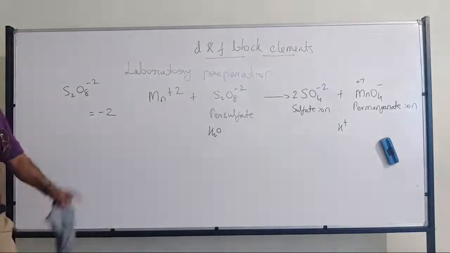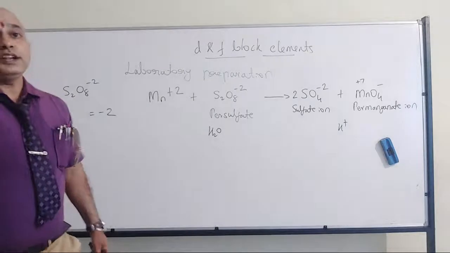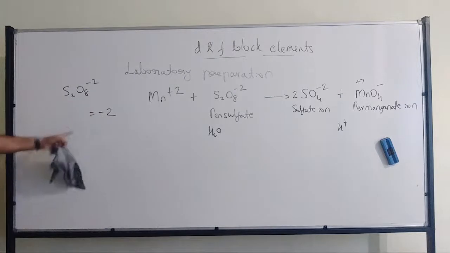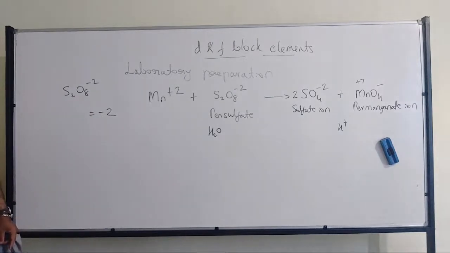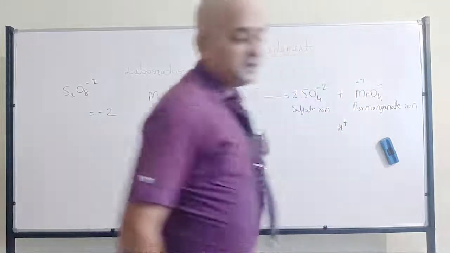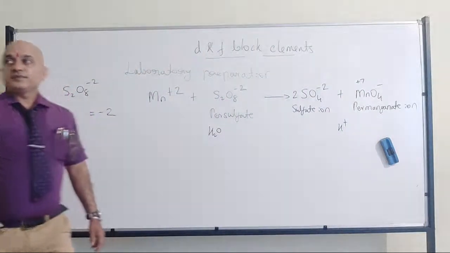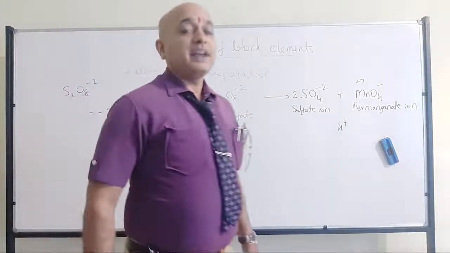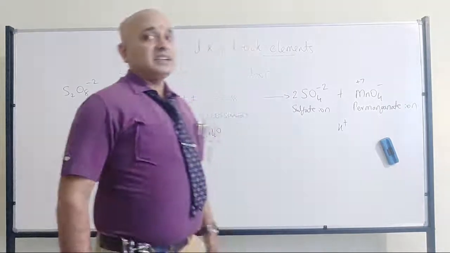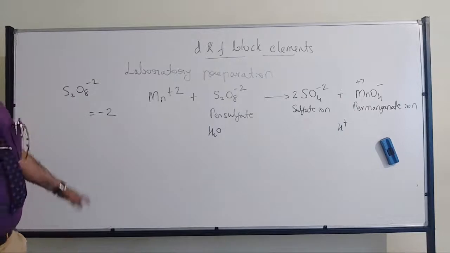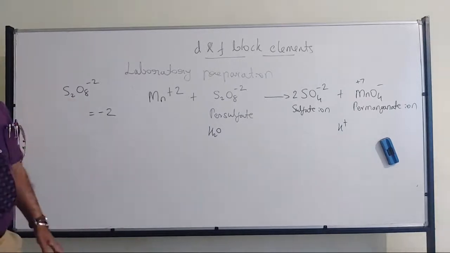But please remember, here 2 oxygen are directly bonded to each other in persulfate. And in peroxide, what is the oxidation state of oxygen? It is minus 1. In peroxide condition, the oxidation state of oxygen will be minus 1. And I told you 2 oxygen are bonded directly to each other.